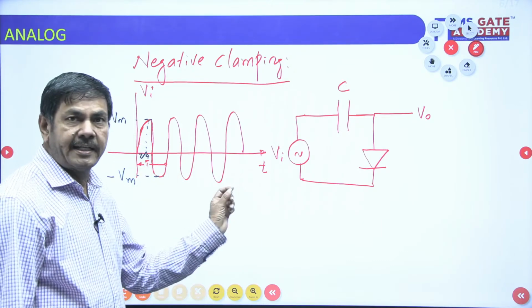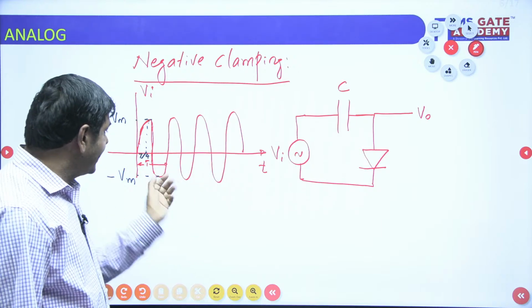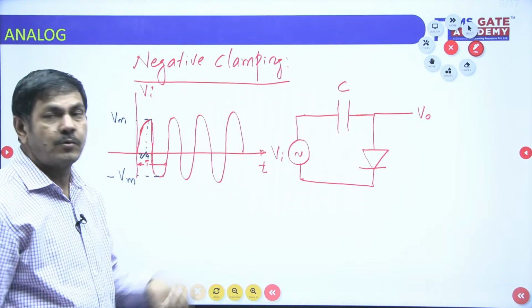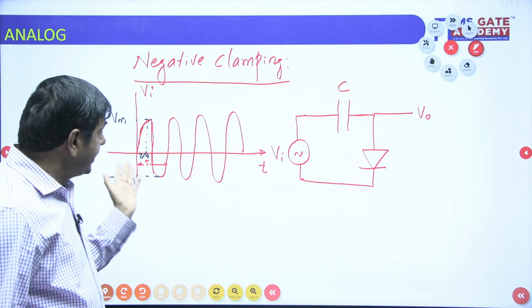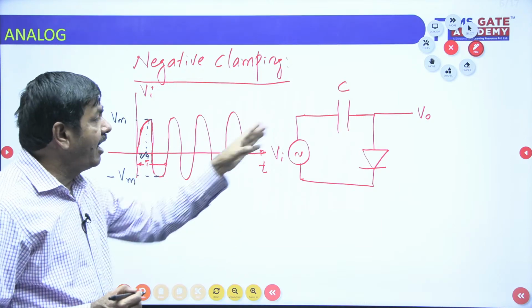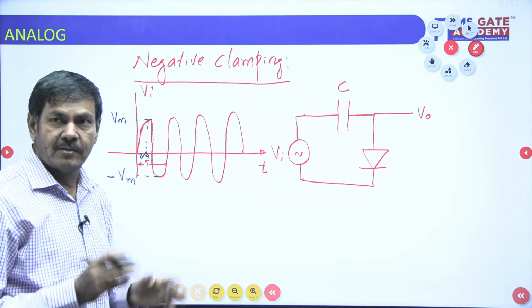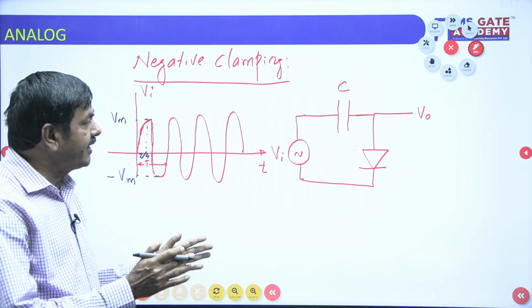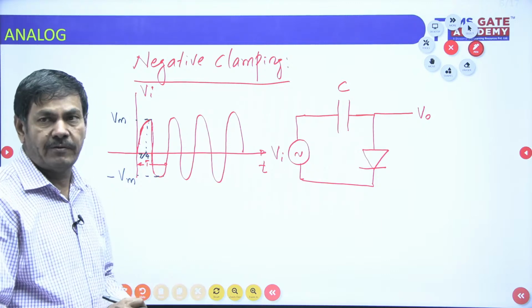So here, for t less than or equal to T by 4, how the circuit is going to operate, and for t greater than T by 4, how the circuit is going to work. Those two points we can discuss here. Once we follow those two points, you can draw the shape of the output waveform.